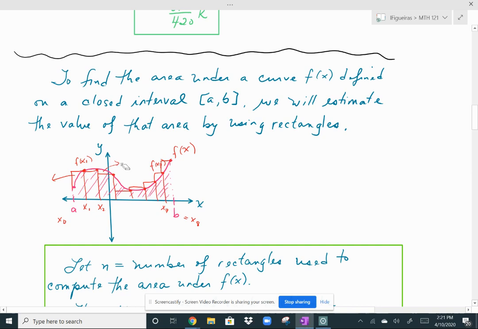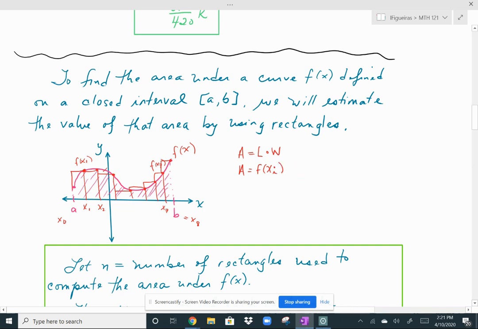Okay, but we know how to calculate the area of a rectangle because the area of a rectangle is just length times width. So the length would be your function value at whatever your ith interval is.